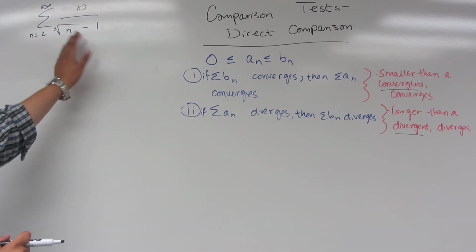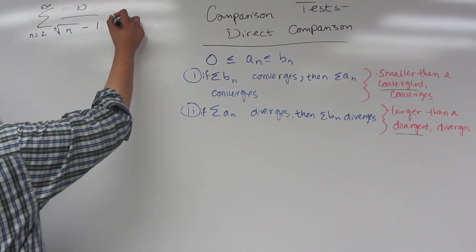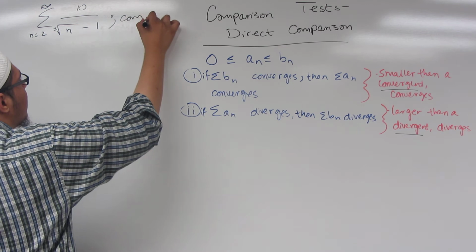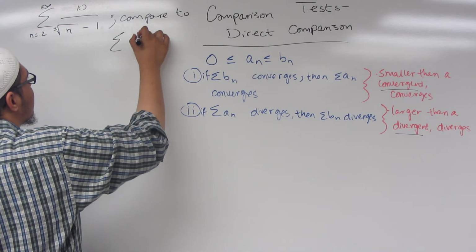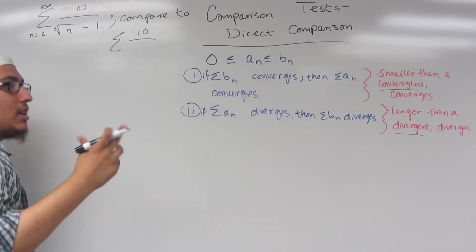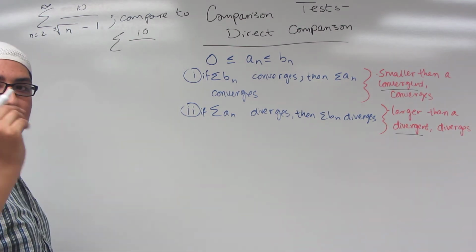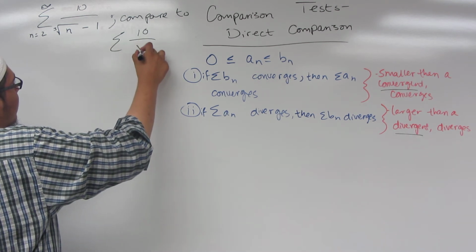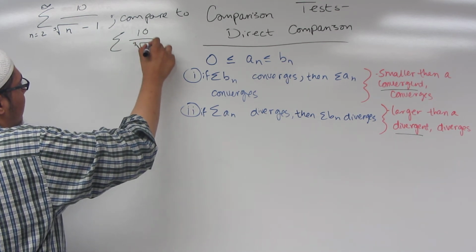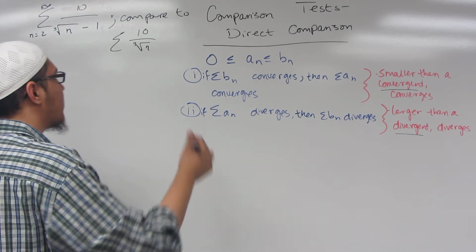Well, 1 is simply a constant, so we can get rid of the constant. So let's compare this to 10. Let's keep the numerator the same, because there's only one term in the numerator. But how about let's compare this to 10 over the cube root of n. Okay, do we know how that behaves? Let's rewrite this a little bit.